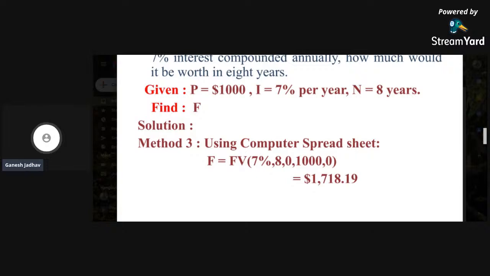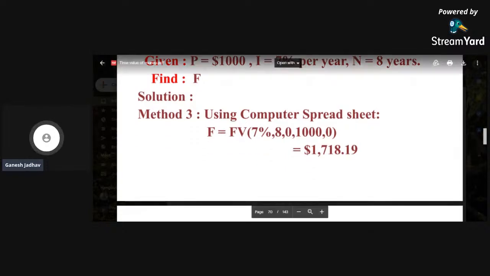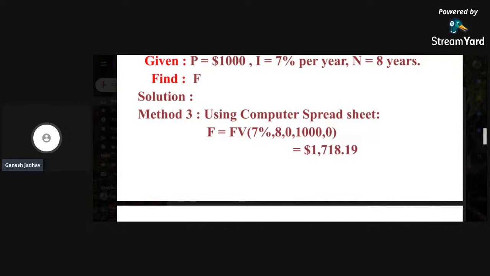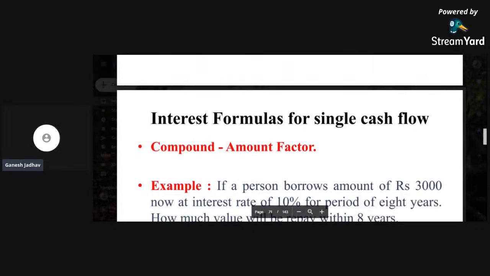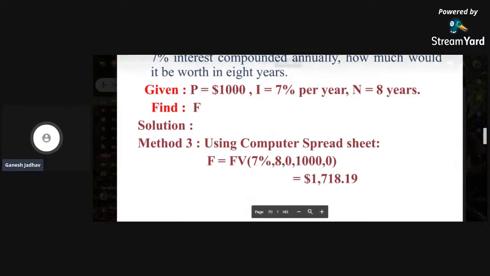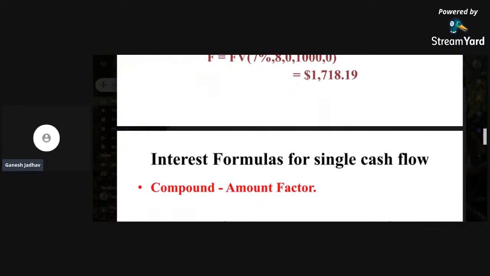So you can calculate your final future value, that is $1,718. So these are the three methods you can use to calculate your future amount.